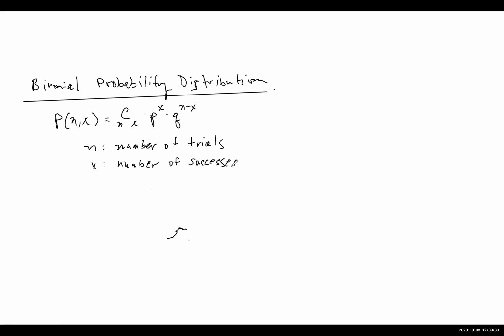When we're talking about births of a baby, sometimes the way the question reads, the success is having a girl. Sometimes it's having a boy. So it's just what we name it for that particular problem. That's N and X. Then P is the probability of success. And Q is the probability of failure.